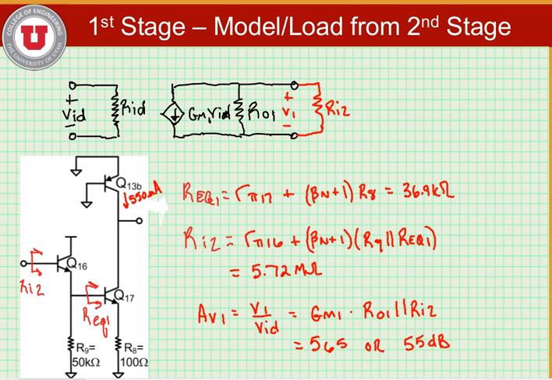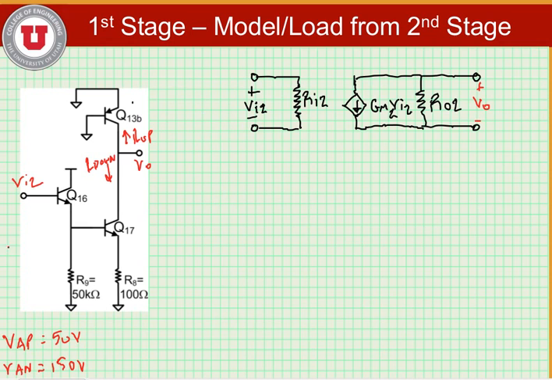Alright, so now we need to figure out what the gain from the next stage is. So going to the next stage, we need to find an equivalent input resistance, which we just found. We have a Gm2 to find, a Vi2, Ro2, and we find the gain of that second stage. So here we see that Q16 forms a common collector amplifier, or an emitter follower.